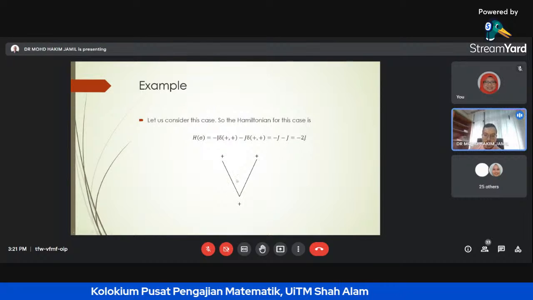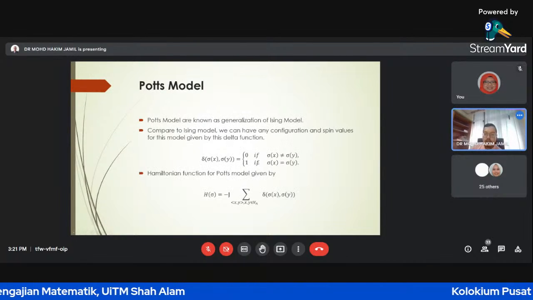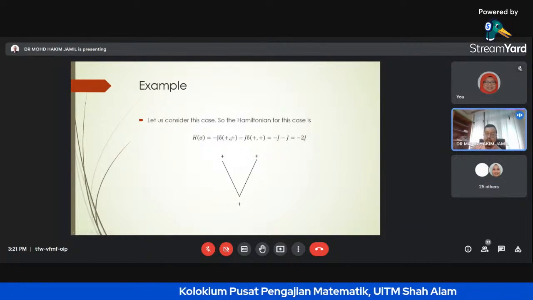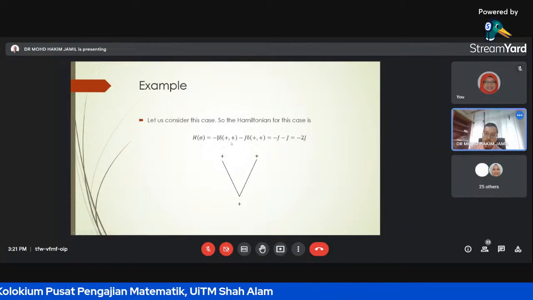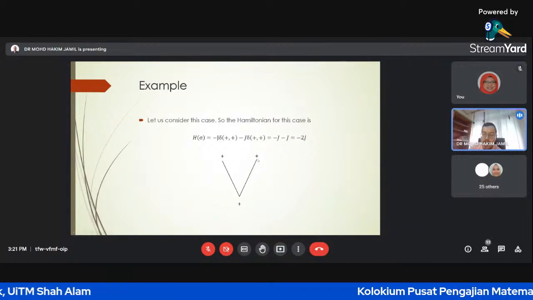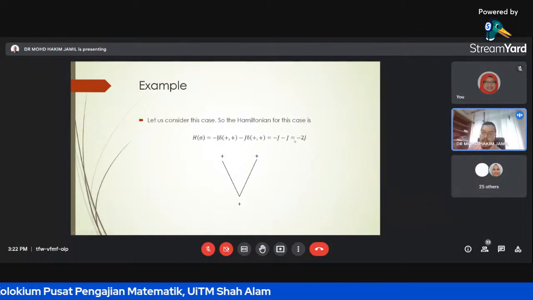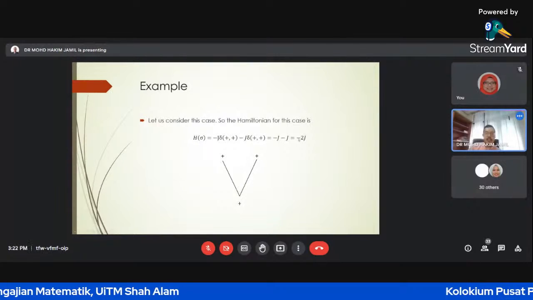We have plus and plus, and since we have the same configuration of sigma x and sigma y, in this case we have 1. The same goes for this one: plus and plus, so we have 1. And for this one we have negative j minus j, so we have negative 2j.